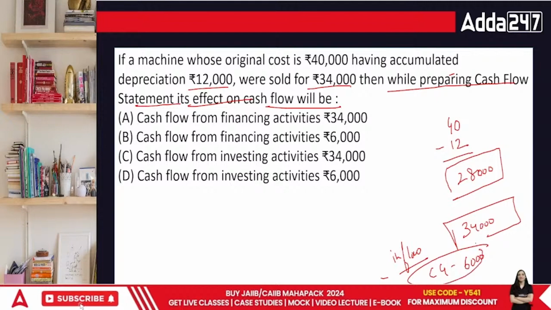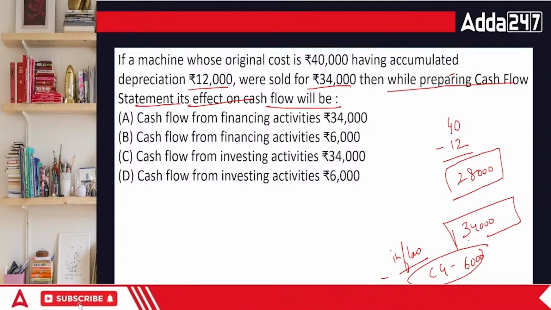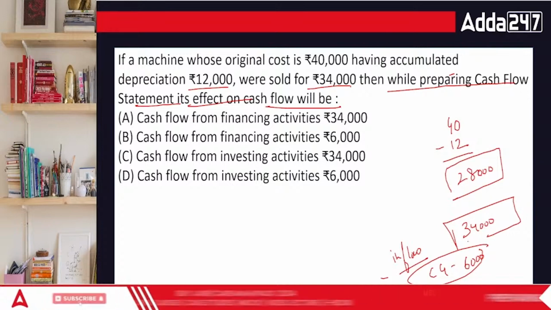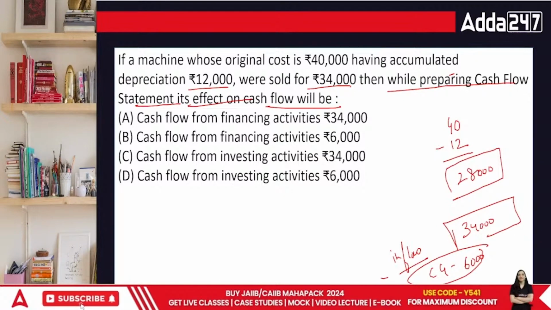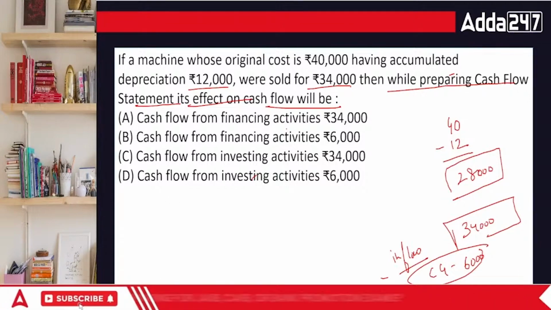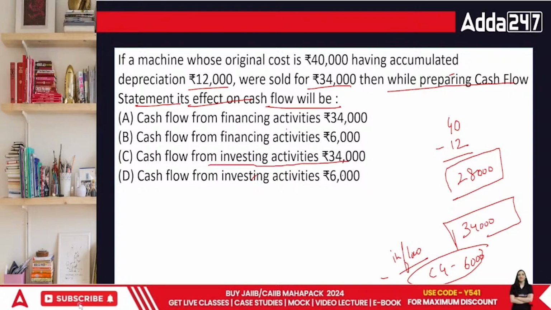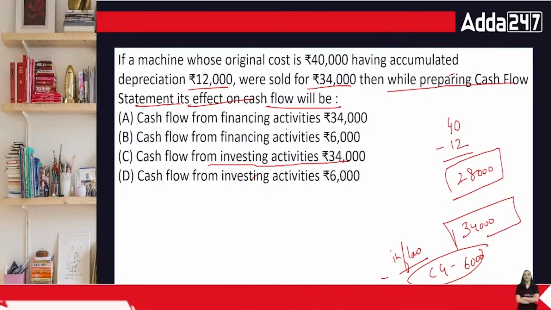So technically I'm getting an inflow of 34,000, 28 is cost and the remaining is extra. Acha, I have sold a machine. That's an investing activity. So that is cash flow from investing activities, 34,000. That's it for the answer, isn't it?